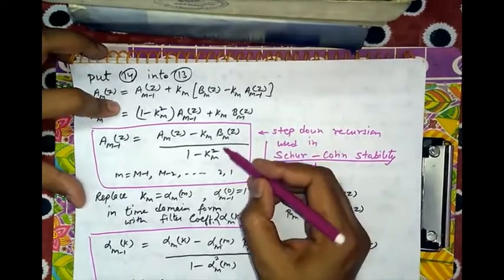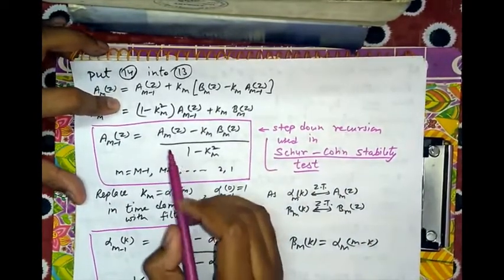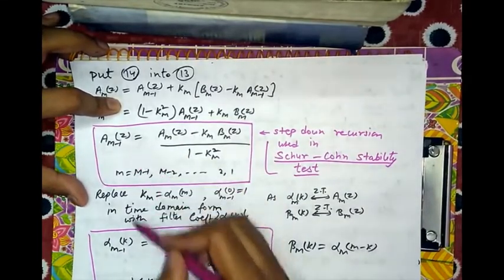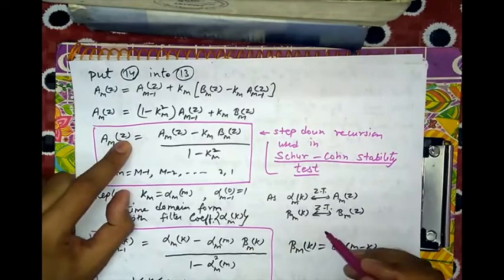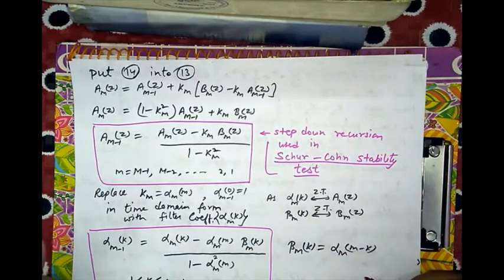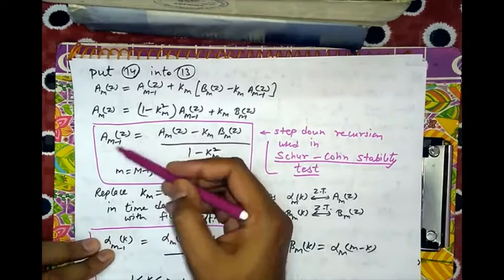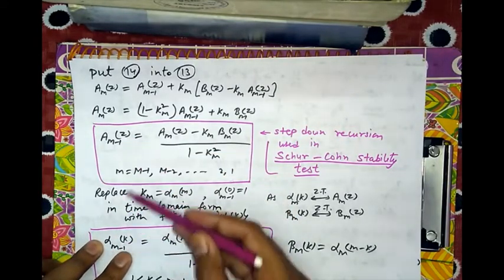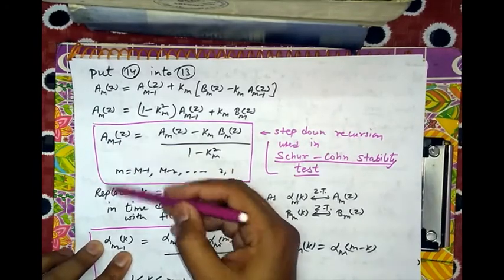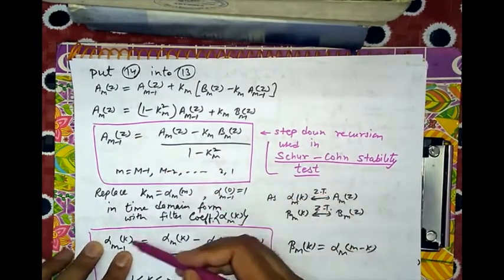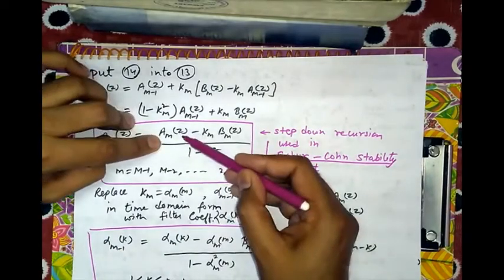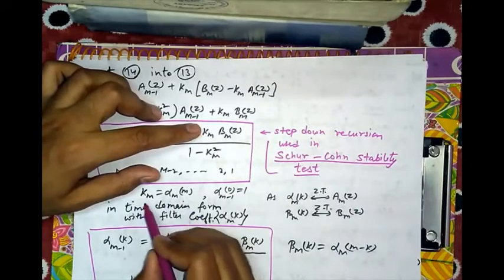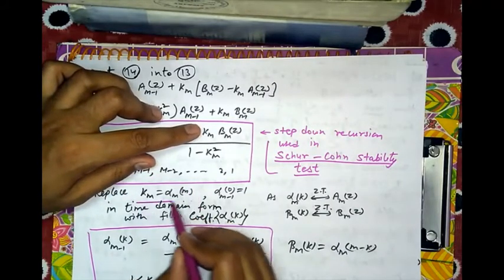Okay, the same is in the z domain, so we can put it all in the time domain, because we know that A_m(z) and alpha_mk are Z transform pairs, and B_m(z) and beta_mk are Z transform pairs. So it is the z domain here and the time domain there, alpha_{m-1,k}. We know that k_m is equal to alpha_mm, as we have said multiple times.